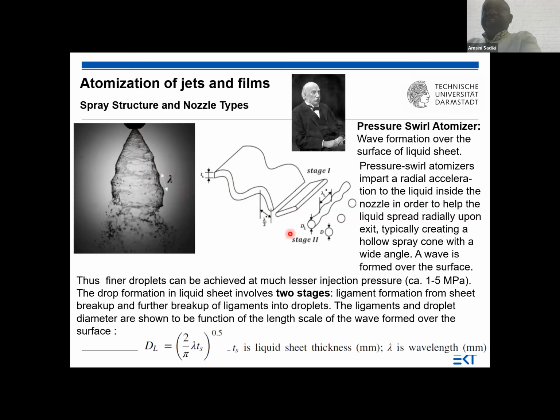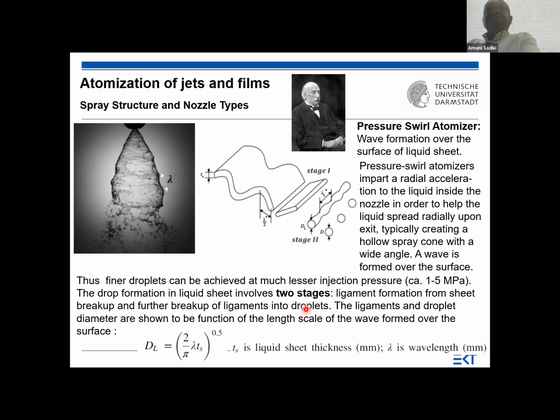The first stage is the ligament formed from sheet breakup, and further we have breakup of the ligament into droplets. The question is how we find this diameter, and it is found by Sorley, based on his theory.